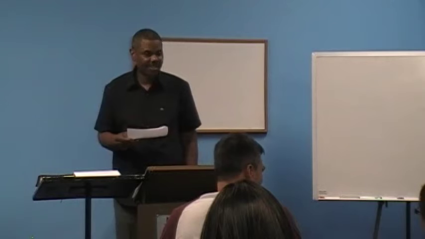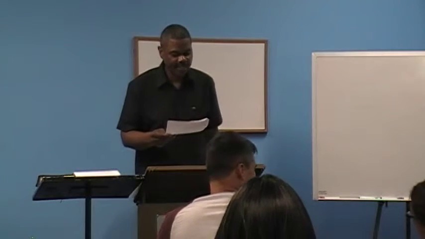Altar of incense, in the holy place in front of the curtain. Lampstand, C. Basin, G. And bread of the presence, D. That's it. Everybody got that? D, A, E, F, C, G, D.